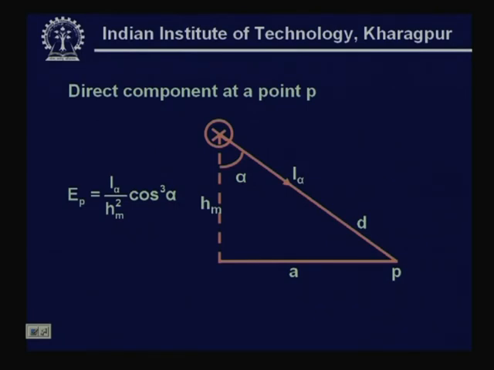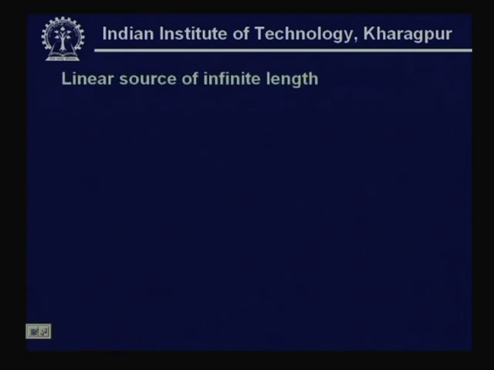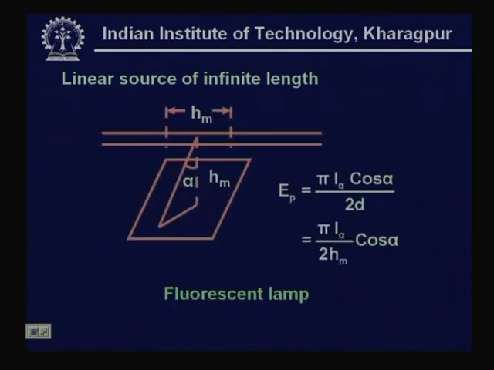This was due to a point source. As opposed to this, I told you there are 2 distinct kinds of sources. One is a point source, the other is a line source. An array of line sources or a matrix of point sources together form a sheet source. Similarly, a linear source of infinite length is again mounted at a height h from the work plane.